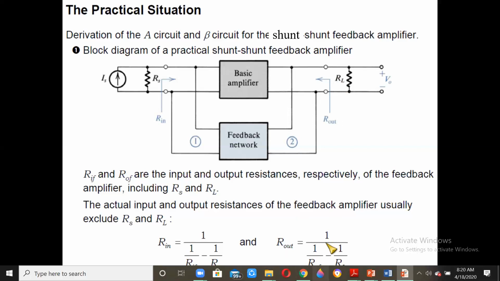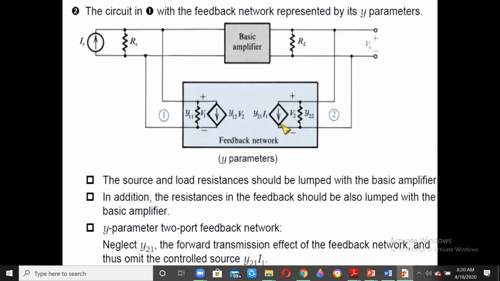So from this, we can find out the RIF and ROF, which are the input and output resistance with feedback, including the RS and RL. Now what we try to do is replace the feedback network by a Y parameter model. This is a Y parameter model. Y11 is the resistance at the input side, and Y12 V2 is the voltage dependent current source.